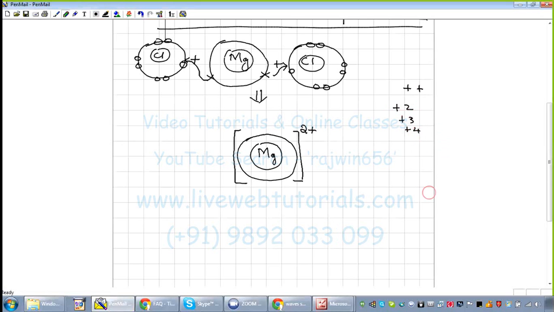Then you have the chloride ion, only the outermost orbit. 2, 3, 4, 5, 6, 7, and that one electron from magnesium. This will be single negative.